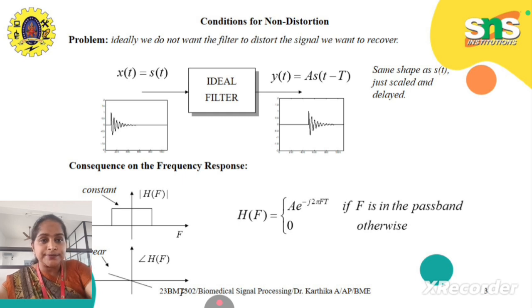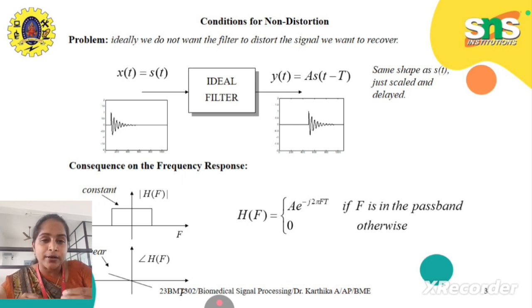See here, the first one is our input signal X of t, which is equal to our signal S of t, and while it passes through the ideal filter it provides the same output Y of t, but in practical conditions it is not possible, so we have to add some scaling and delaying function to our signal, then only we will get a proper output. Here our output Y of t is equal to A S of t minus t0.